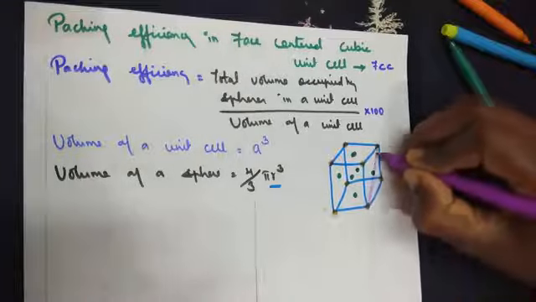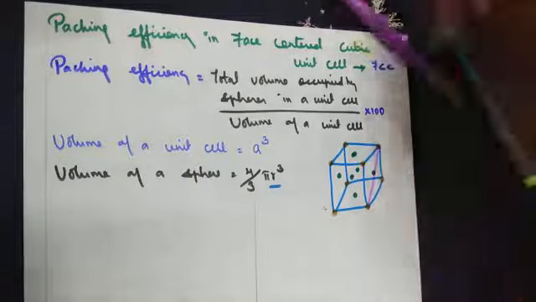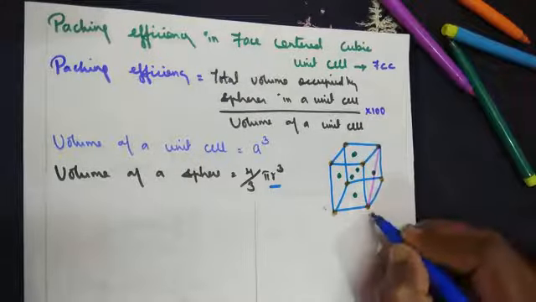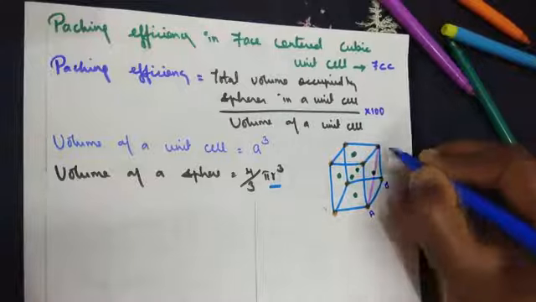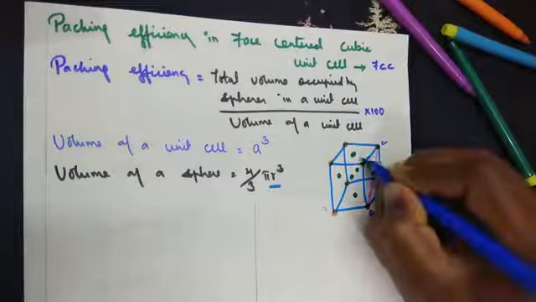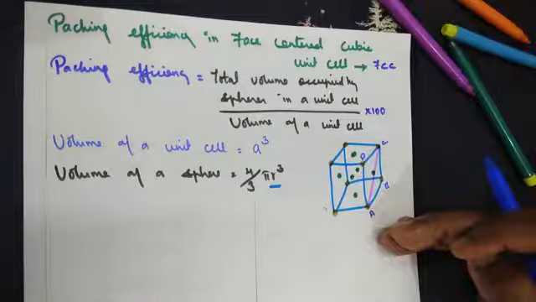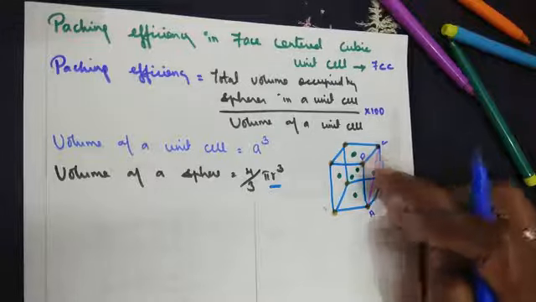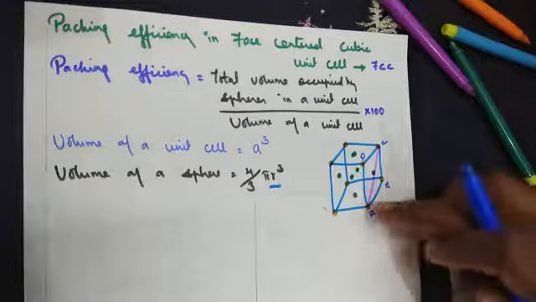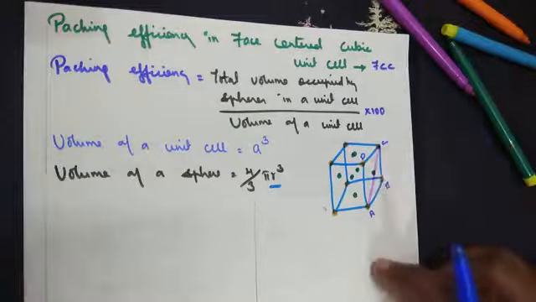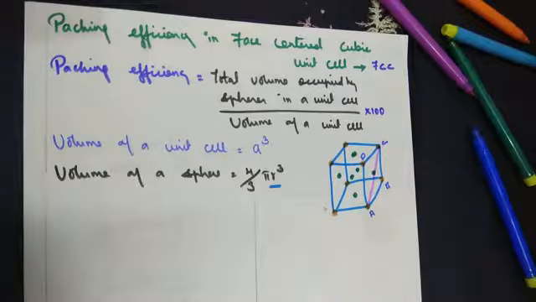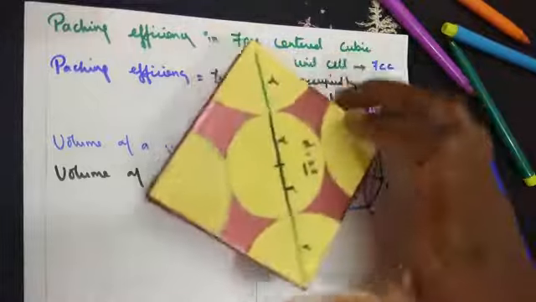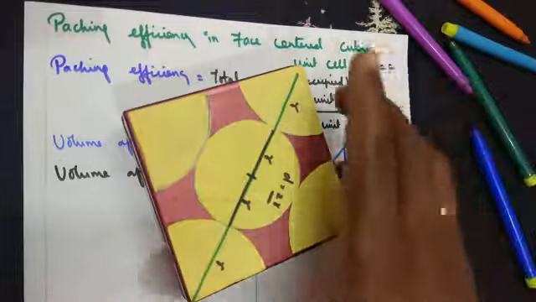So if I draw the diagonal here, let's name this cube. So take it as A, B, C and D. So I'm considering only one side, that is A, B, C, D. There is a diagonal. AC is called a diagonal. If you have watched the calculation on body centered, you will understand the purpose of the diagonal in it.